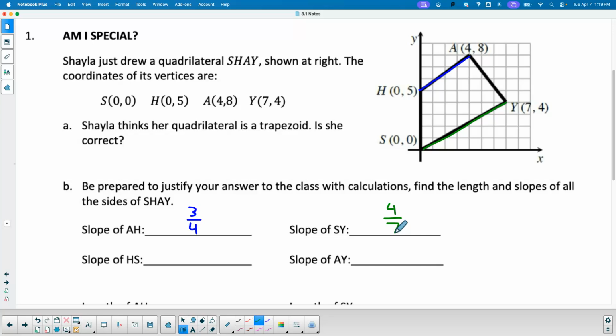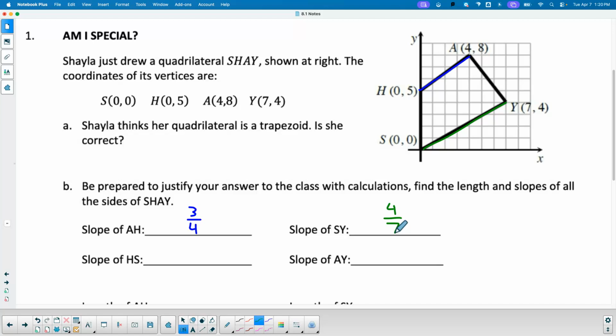Yay or nay? Well, not the same slope, so they're not parallel. So we don't have a trapezoid yet. Do we have a parallelogram? No, because those aren't parallel, and a parallelogram has two sets of parallel sides, so we don't have that.